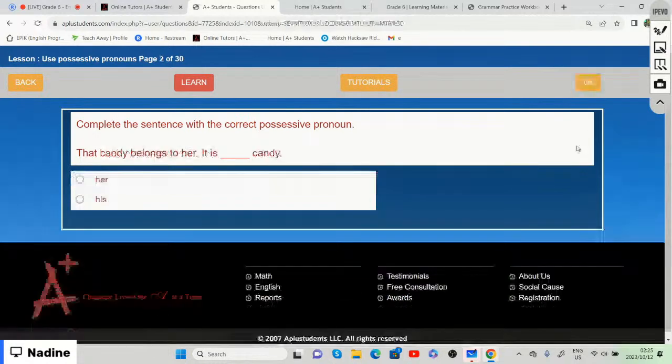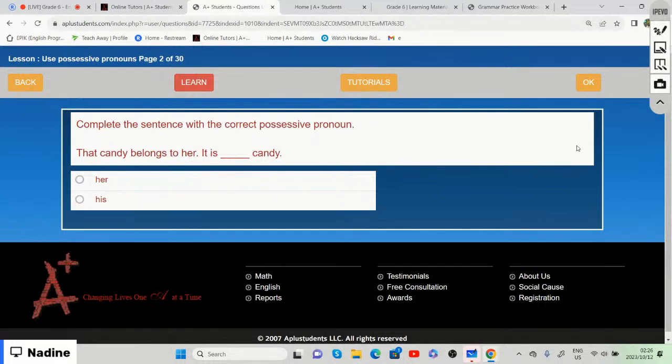Well done. That candy belongs to her. It is candy. So if we say that candy belongs to her, is it her candy or is it his candy?